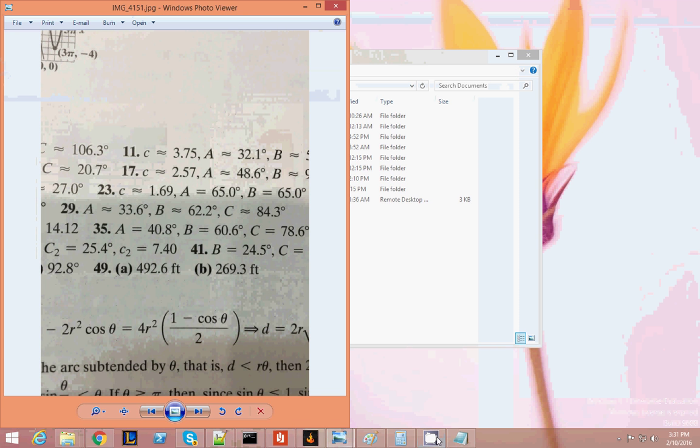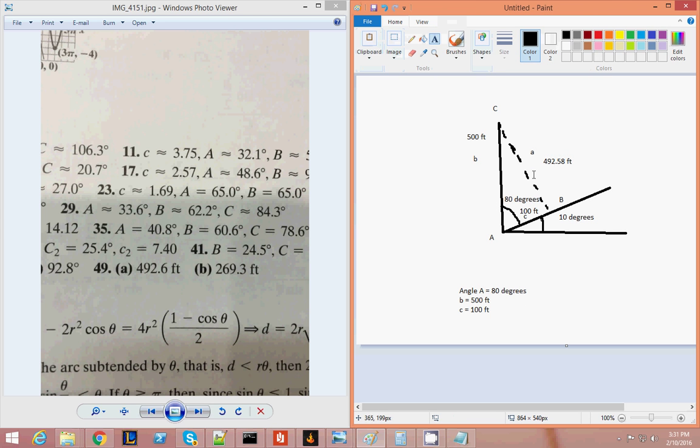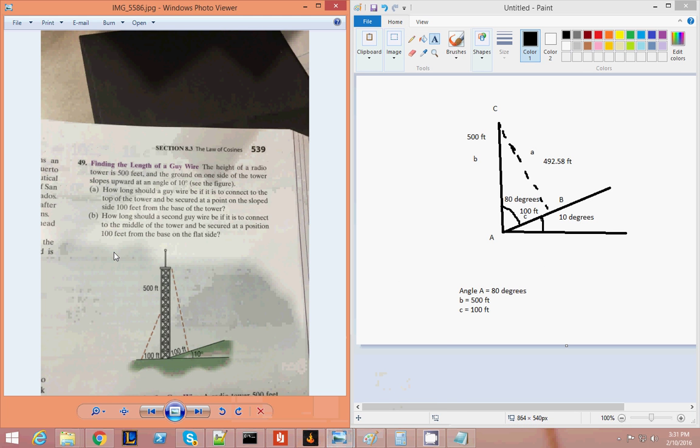For part B, how long should a second guy wire be if it is to connect to the middle of the tower? So, keyword there is the middle. So right here. And let me draw another line, because we're no longer on the slope.